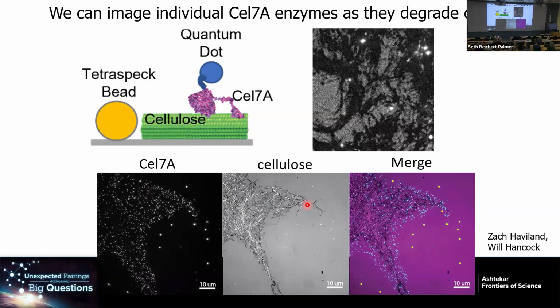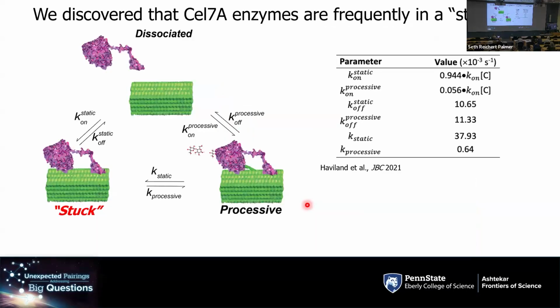We can actually use tracking technology to track the motility of these enzymes as they chug along and degrade the cellulose at a very slow rate. By doing that, we discovered that a lot of these enzymes sit down on the cellulose and don't do a whole lot else. They don't seem to move. They don't seem to degrade cellulose.